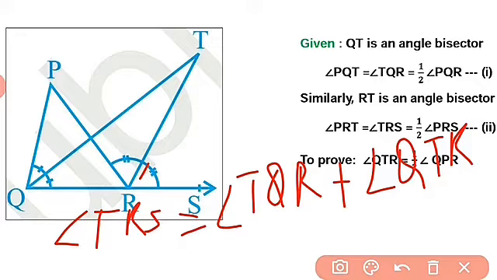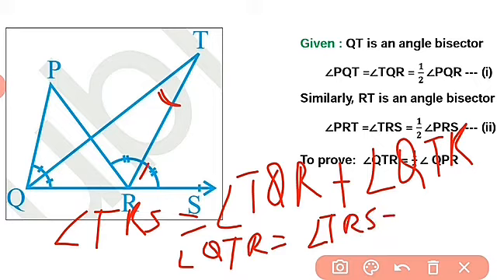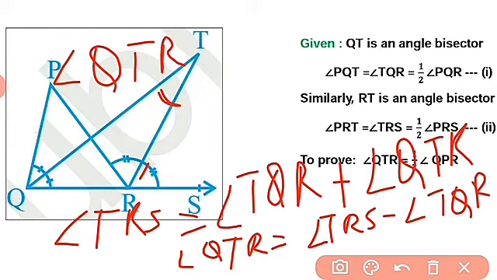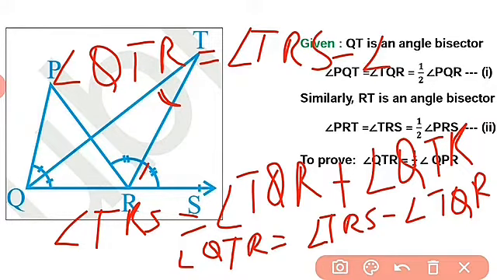So we can find the value of angle QTR. Angle QTR will be equal to angle TRS minus angle TQR.